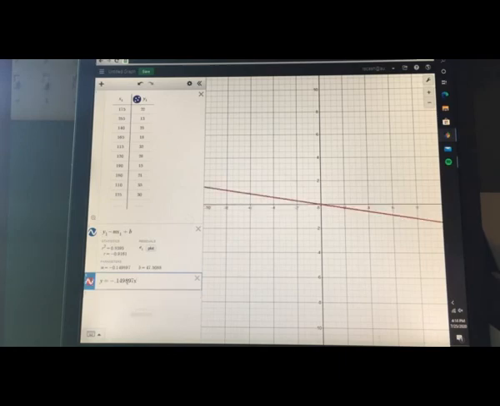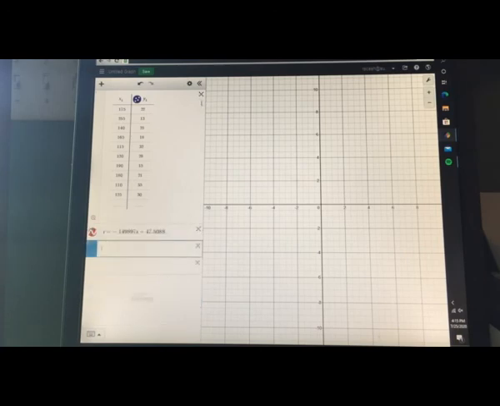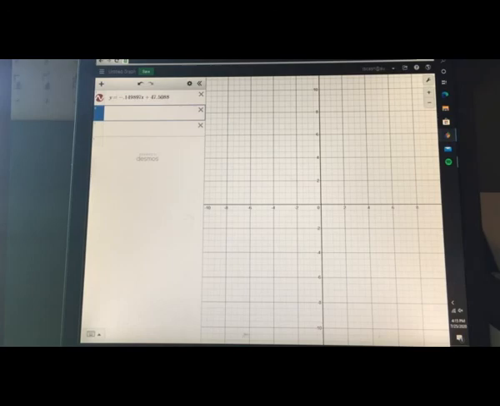Can't forget the x when you're dealing with linear equations. Plus 47.5088. Hit enter. And once you have this equation, go ahead and X all of this information out so that we've got the equation that we need graphed.